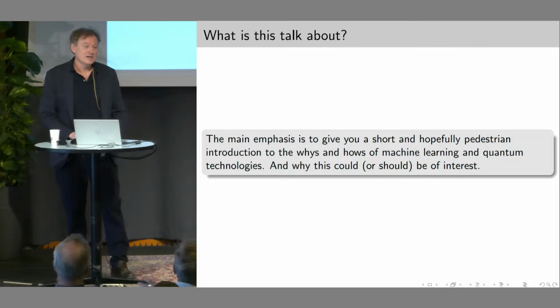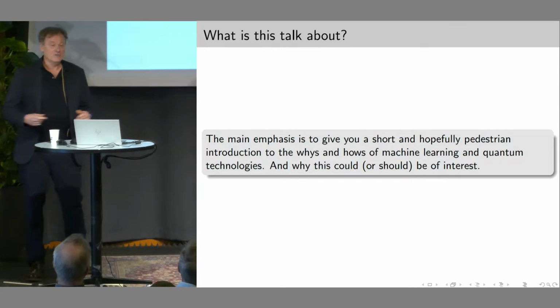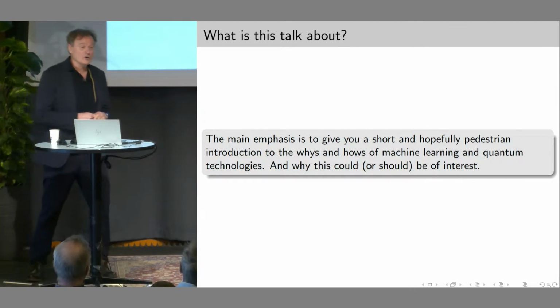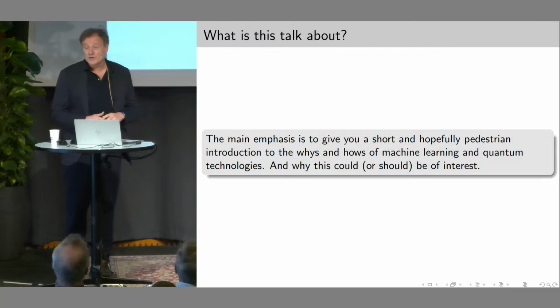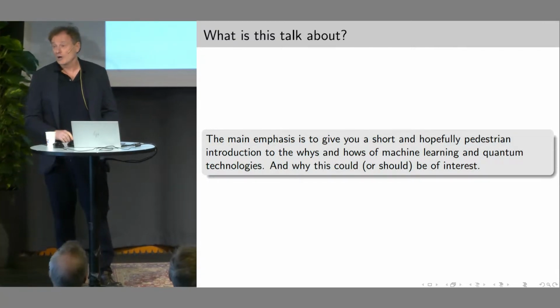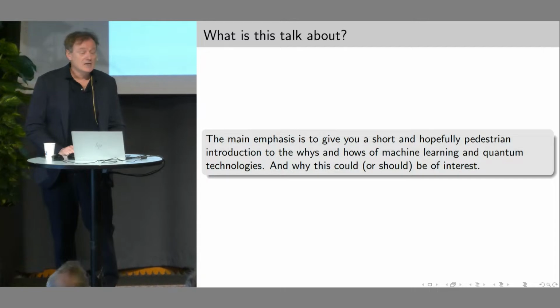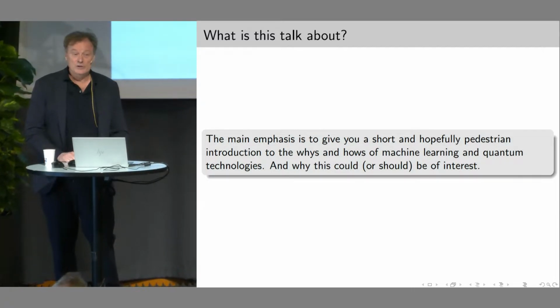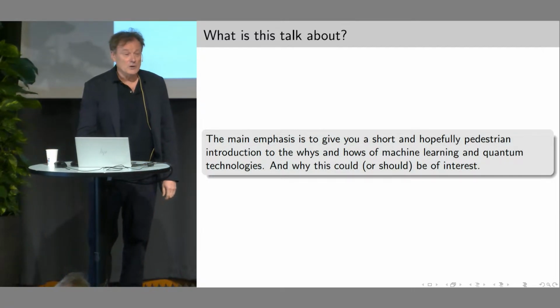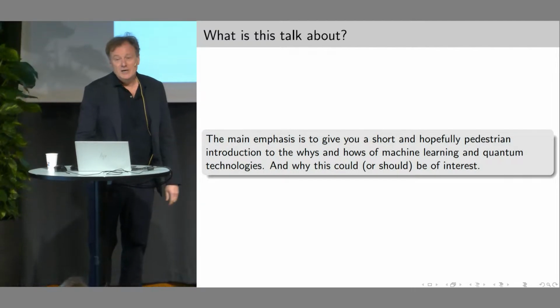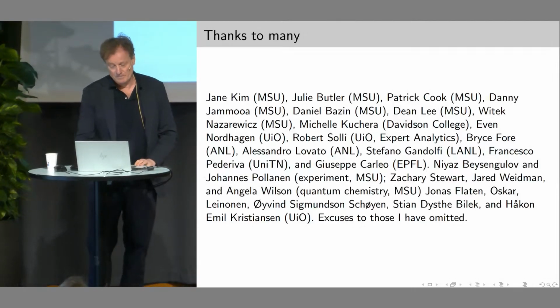So the idea is to give you hopefully a pedestrian introduction to why these are interesting topics. And many of you are pretty familiar with machine learning and artificial intelligence, and perhaps less familiar with quantum technologies. So I will try to elucidate what are the pros and cons, and why this can be interesting.